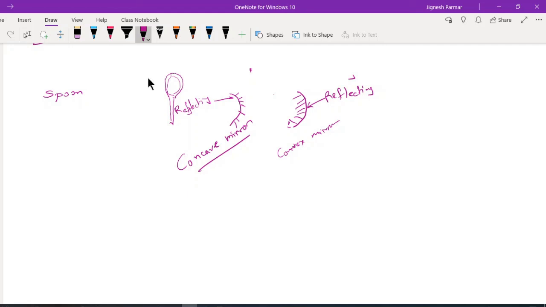So how does a concave mirror look? You can see a concave mirror when you come to school, and I will show you exactly.